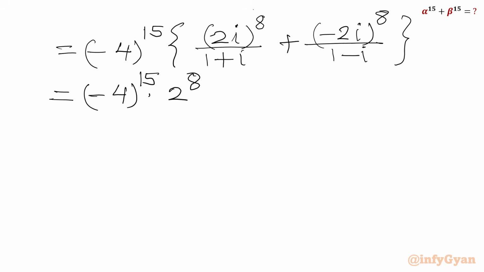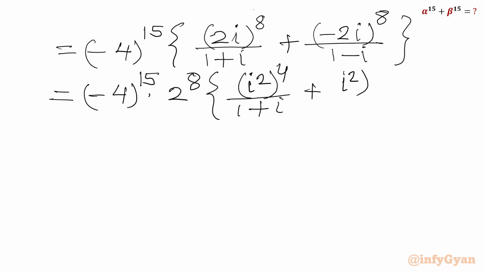And i power 8 can be written as i square whole power 4 over 1 plus i, plus i power 8 would be i square whole power 4 over 1 minus i. Minus 1 raised to the even power is 1.